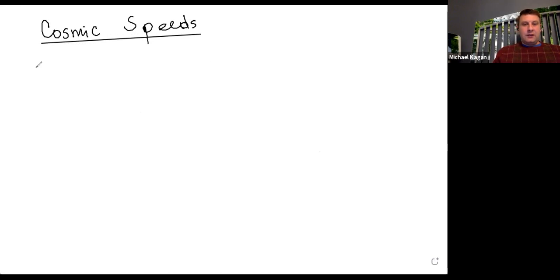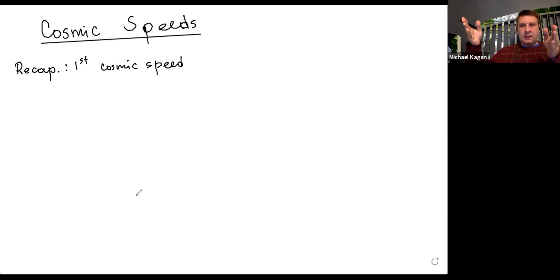Okay, so let's revisit. Last time we talked about the first cosmic speed. As you remember, that was the minimum projectile velocity that makes it orbit the Earth without falling, so that in 1 second it covers precisely as much distance as it needs for the Earth's surface to recede by the amount it falls down.